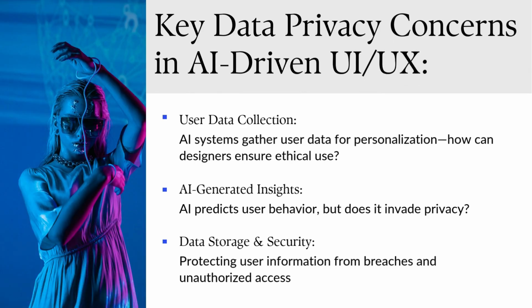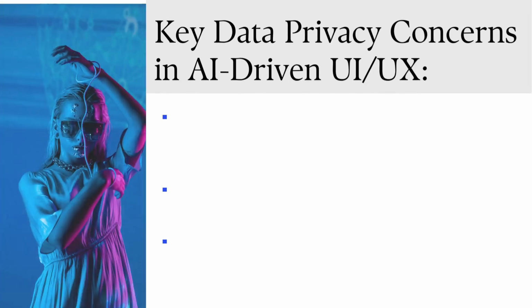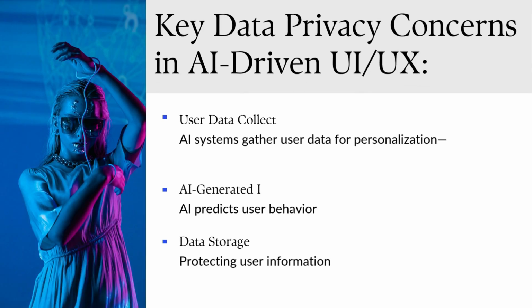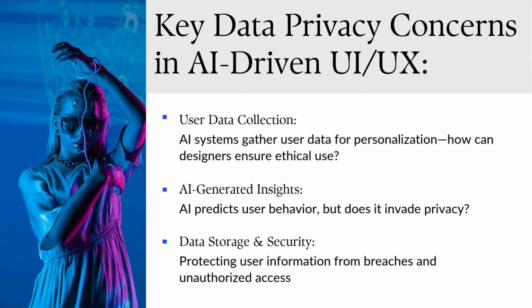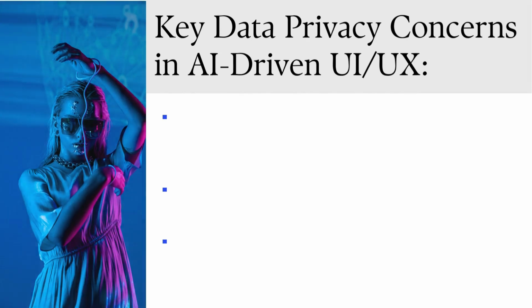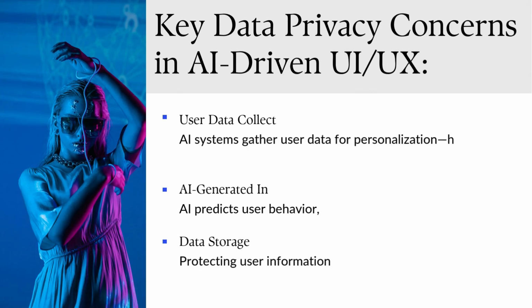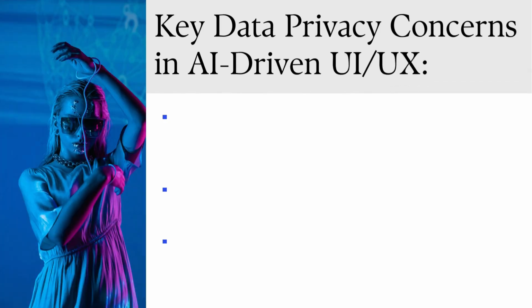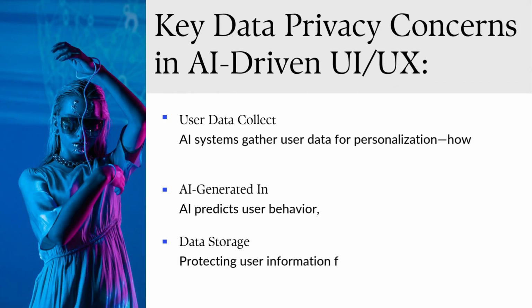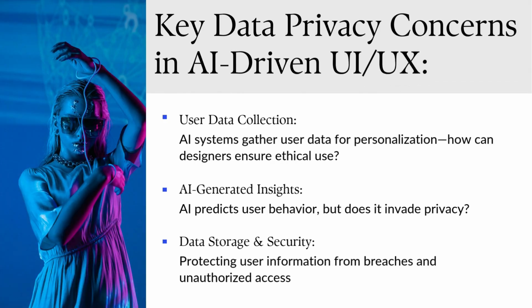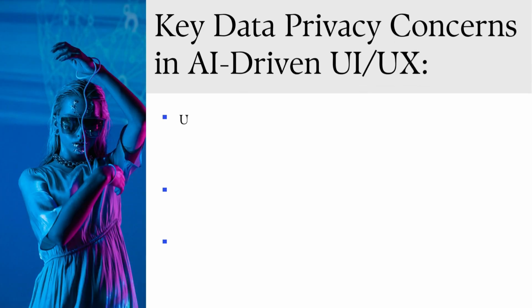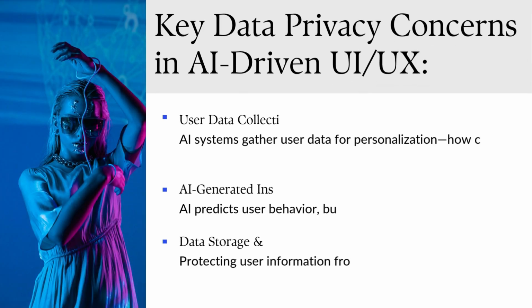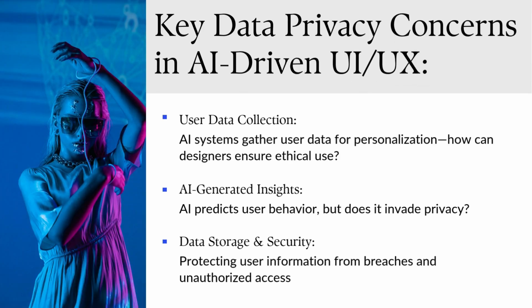First on our list, we have what we call the user data collection. With this, AI systems gather user data for personalization, asking questions like, how can designers ensure ethical use? Next is what we call the AI generated insights.